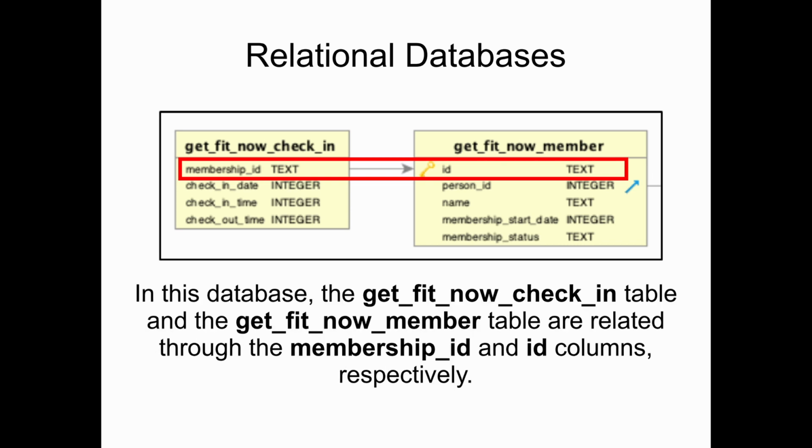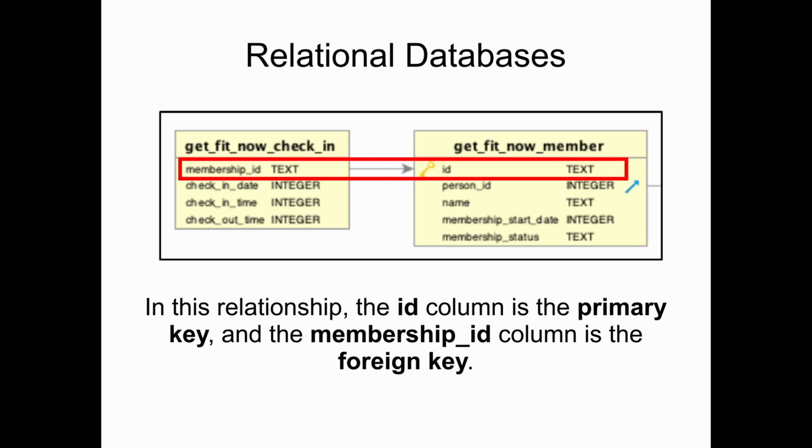In this database, the GetFitNow check-in table and the GetFitNow member table are related through the membership ID and ID columns, respectively. In this relationship, the ID column is the primary key, and the membership ID column is the foreign key.